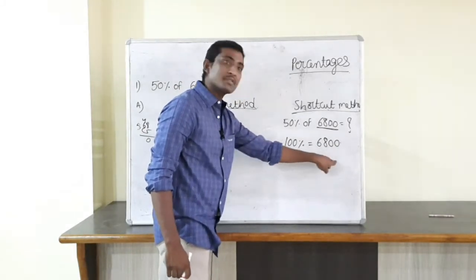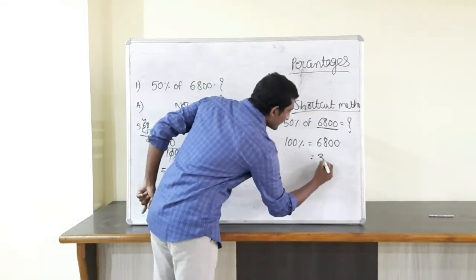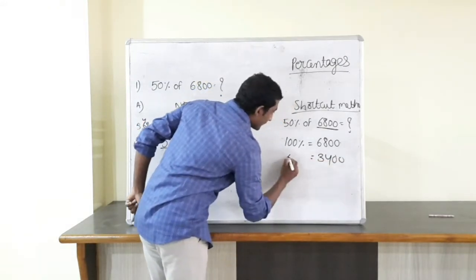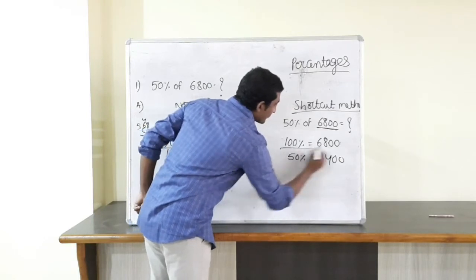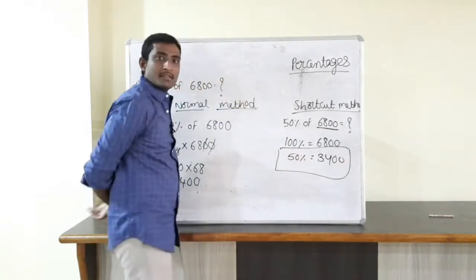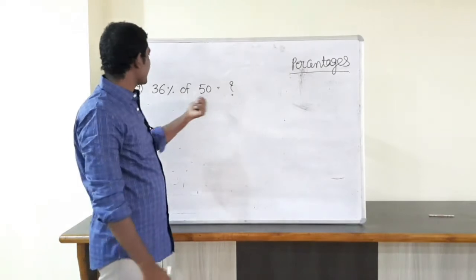Half of 6,800 is how much? 3,400. 50% equals 3,400.